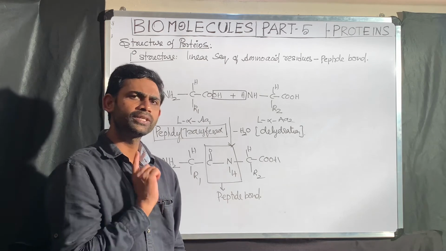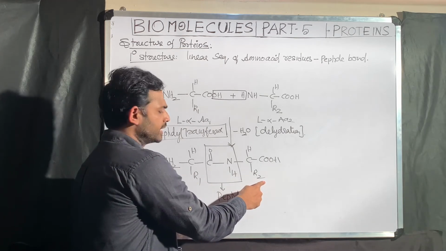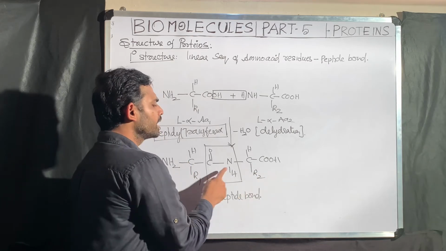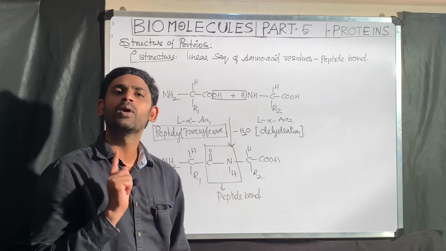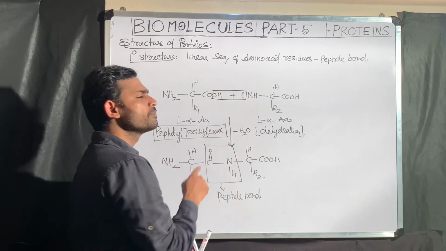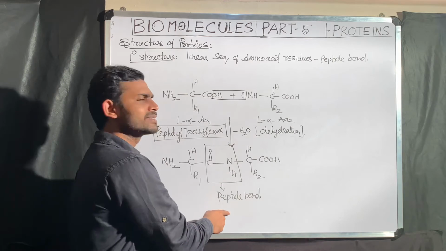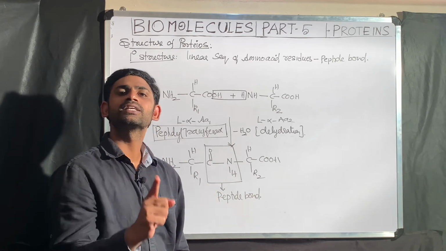What is the definition of the dipeptide? Two amino acids linked by peptide bond. That is wrong. Two amino acid residues linked by one peptide bond. Why? Because peptide bond formation is an example of dehydration. A product formed as a result of dehydration is called a residue.